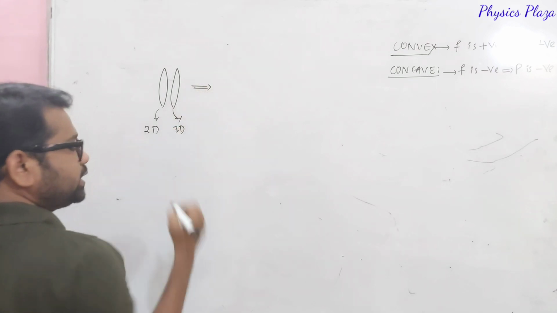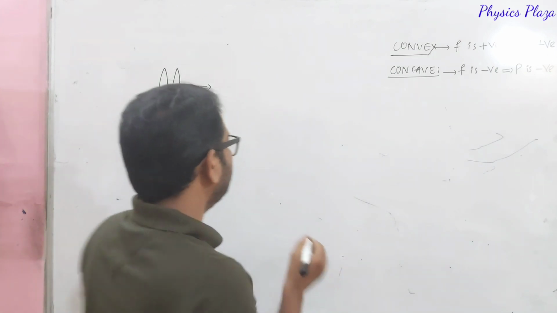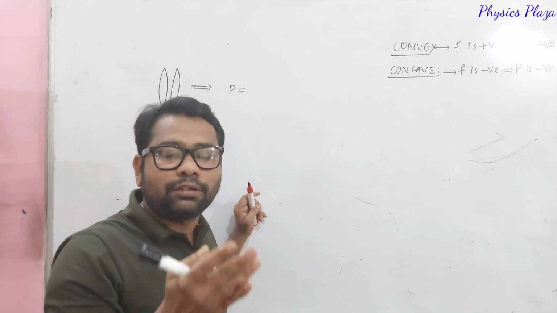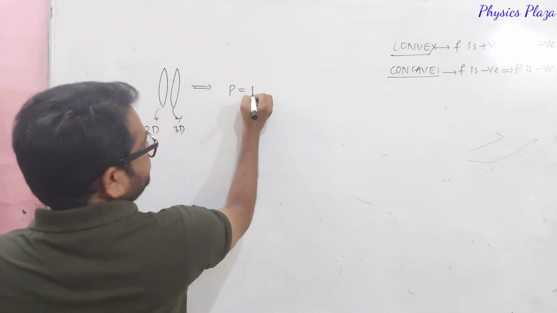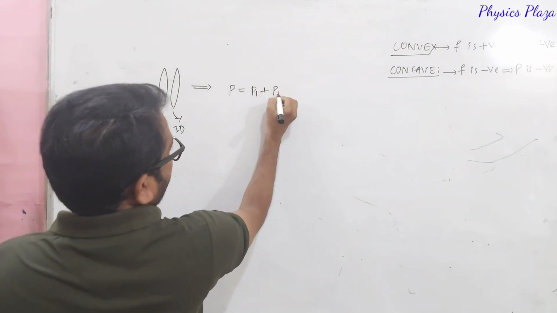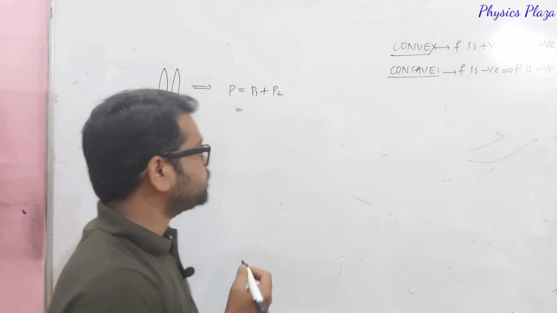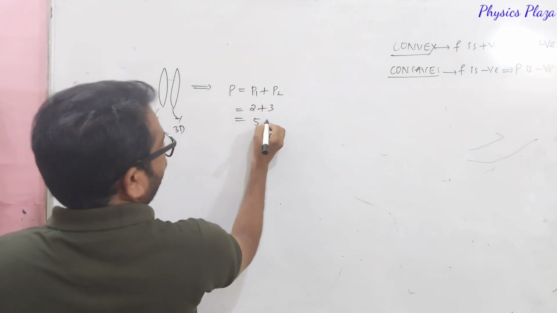Then the net power is always equal to the algebraic sum of the powers of the individual lenses, that is P1 plus P2. As both are convex lenses, both are positive. That is 2 plus 3, which is going to be 5D.